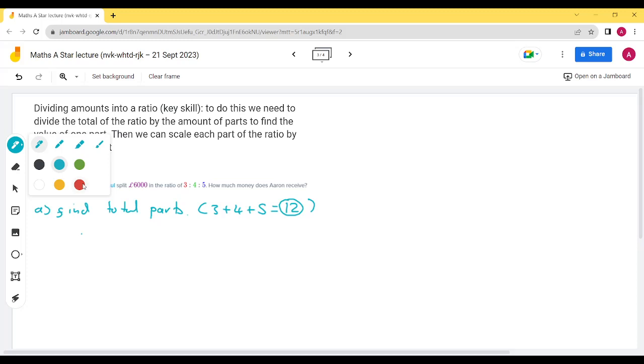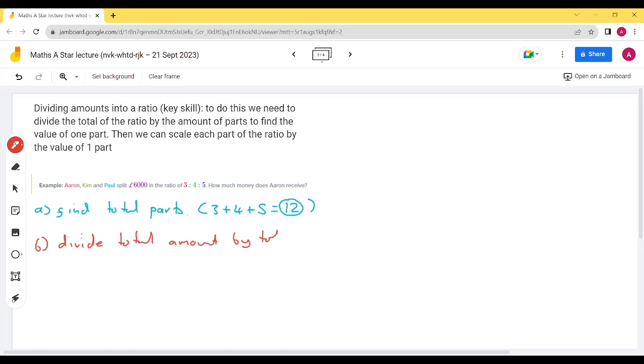Once we've done that, we can divide the total amount by the total parts.